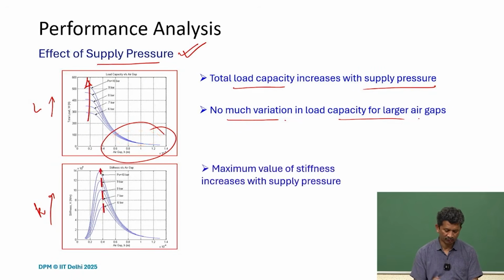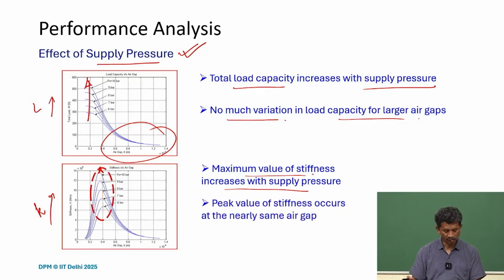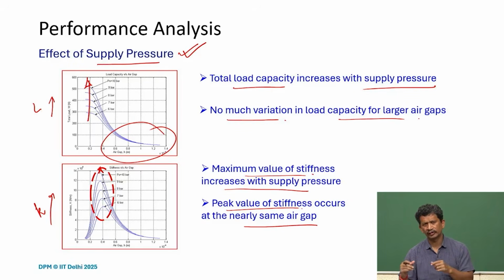For the stiffness, we see that the maximum value of stiffness again increases with the supply pressure. So that upward trend is there as we increase the supply pressure. But what we also notice is that the peak value of the stiffness is at nearly the same air gap, and we can correlate this with the size of the restrictor. Because it's a function of the restriction, the air gap on one side, and the orifice diameter on the other side.